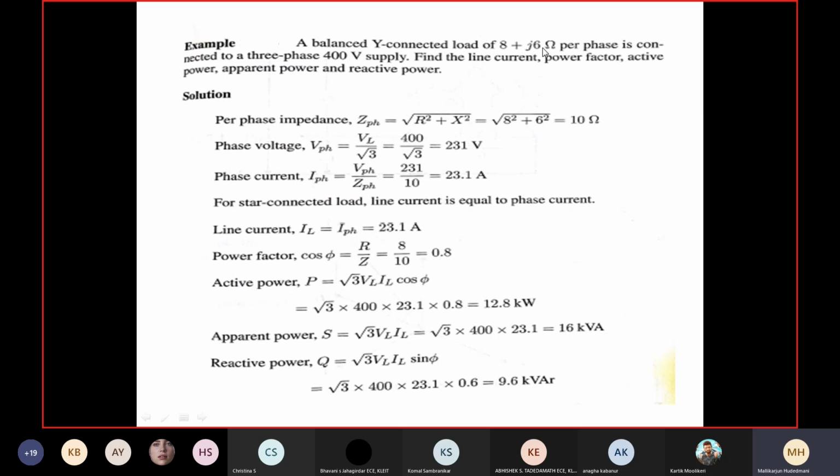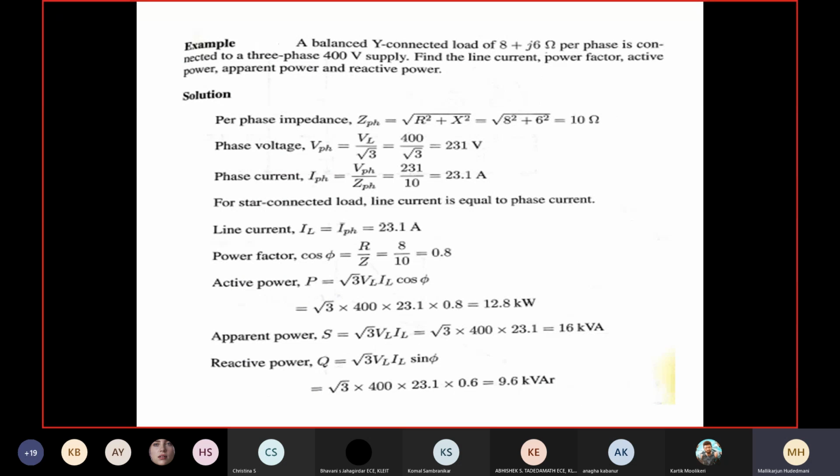That is called impedance in each phase. ZPH equals square root of R square plus XL square, nothing but square root of 8 square plus 6 square, which gives you 10 ohm. 10 ohm is in each arm: first arm, second arm, third arm, like that.